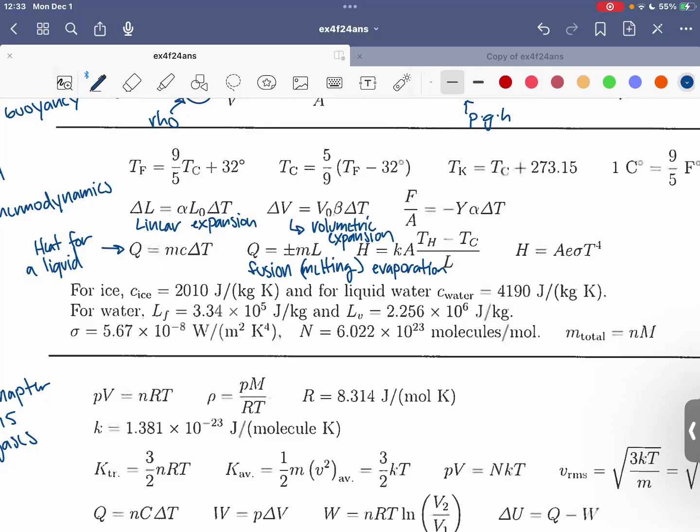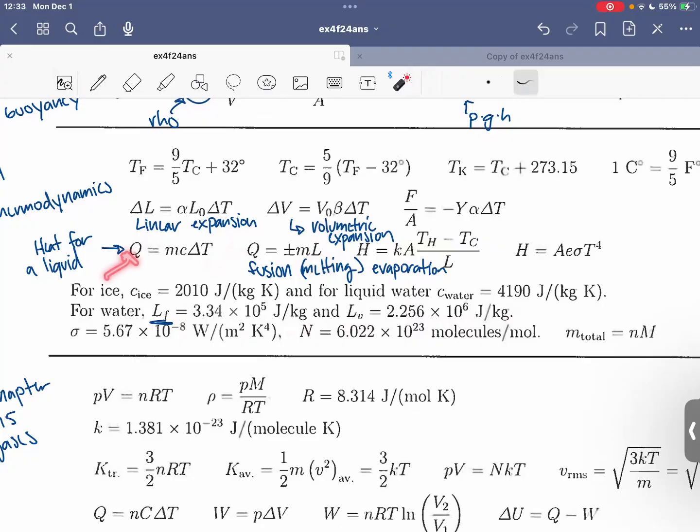And so you can see LF, latent heat of fusion. You have this 3.34 times 10 to the fifth value, which is this L right here. And then vaporization, you have this value for this L right here. So this one tells you phase changes.